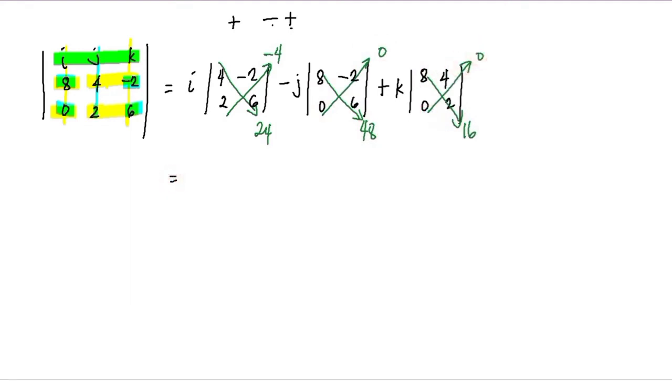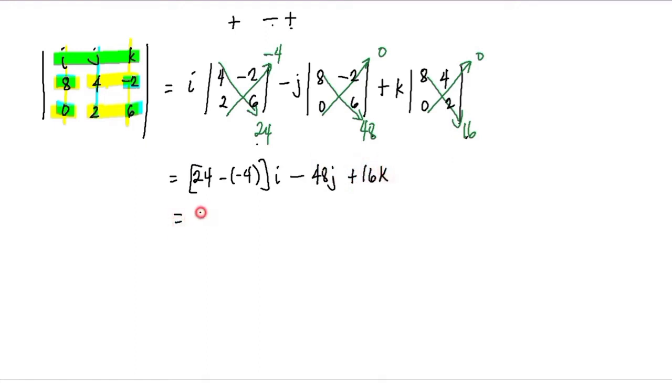Then we have here cross down, that's 24, minus the cross up, that's negative 4, multiplied by i, minus 48j, since 0 is the cross up, plus 16k, since 0 then you cross up.